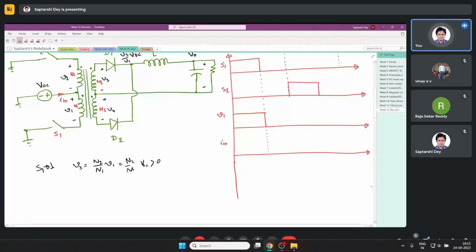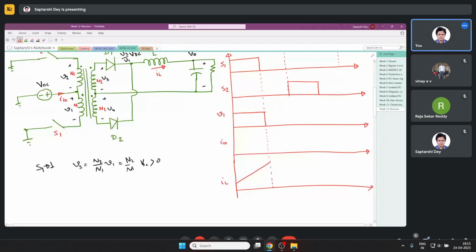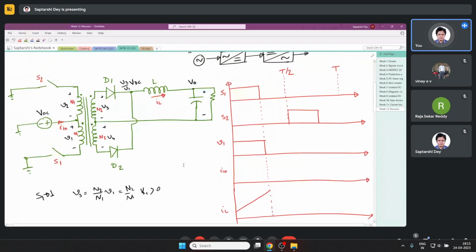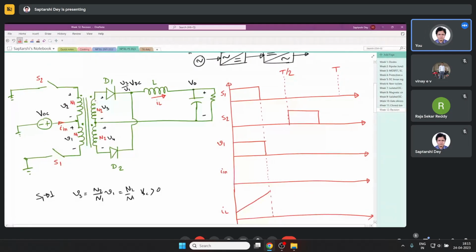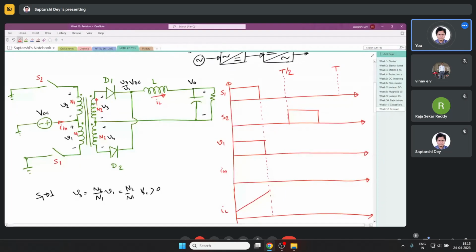So if the current rises linearly, if I draw the inductor current IL, the current increases like this. Okay. So if the current is increasing like this, then what is happening? This is the exact current that is flowing through the transformer winding.